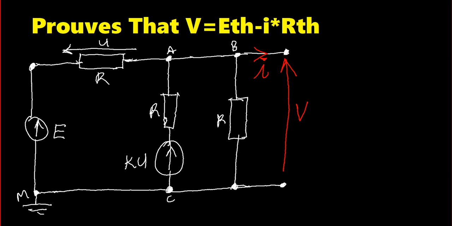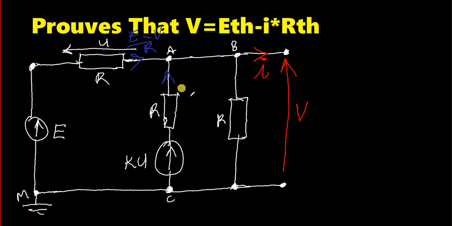We discover that the current flowing through this first resistor will be equal to the V at the higher potential minus V at the lower potential divided by R. So we can simply say that the current flowing here will be equal to E minus V divided by R, as well as the current flowing here, because this voltage source is a dependent voltage source: the voltage across this source depends on the voltage across this resistor R.